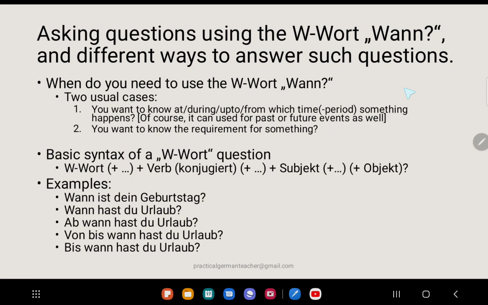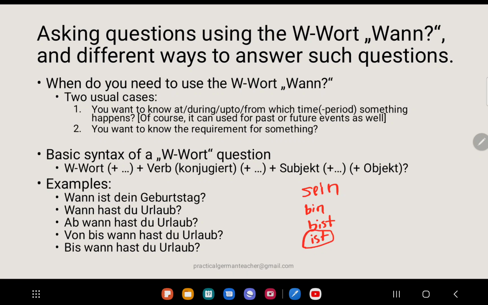Let's look at an example. Wann ist dein Geburtstag? Wann is the W word, ist is the verb conjugated for third person. The actual verb is sein. You should know this: ich bin, du bist, es, sie ist.